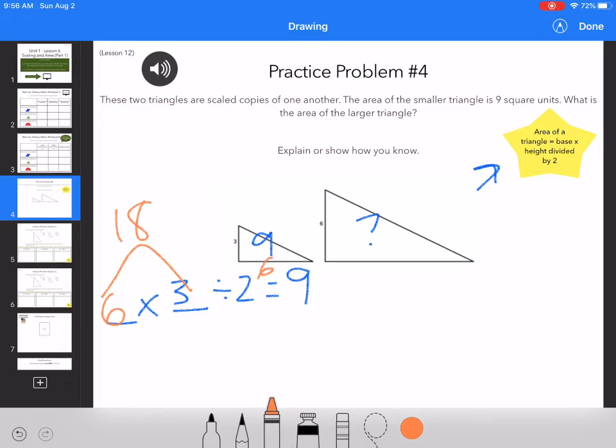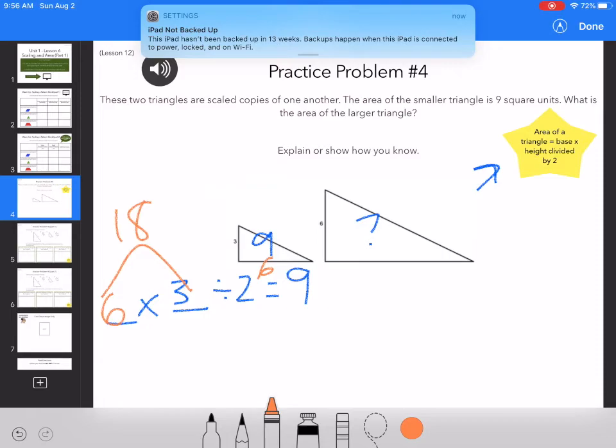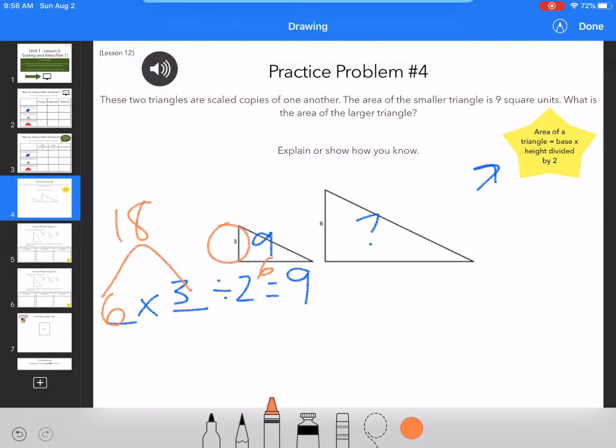So I'm going to use the same idea here. It says find the area of the larger triangle. So let's think, my scale factor here is 2, and I know I have a scale factor of 2 because 3 times 2 is 6.